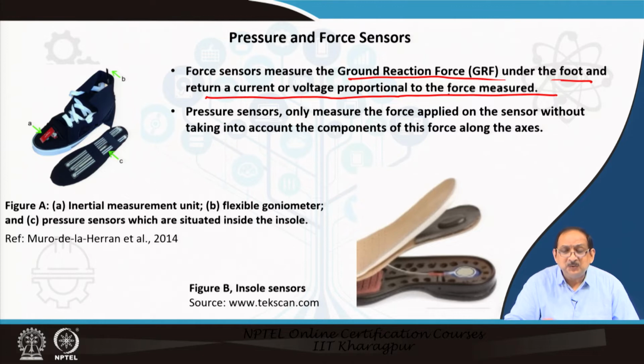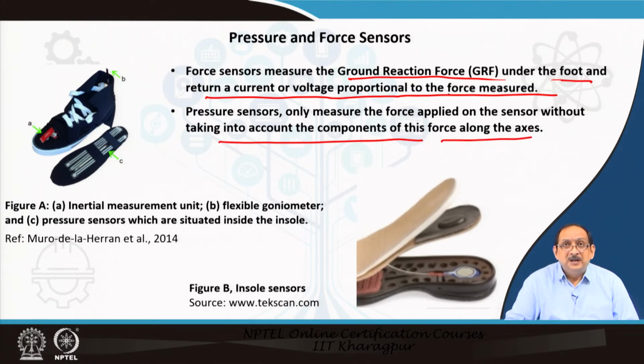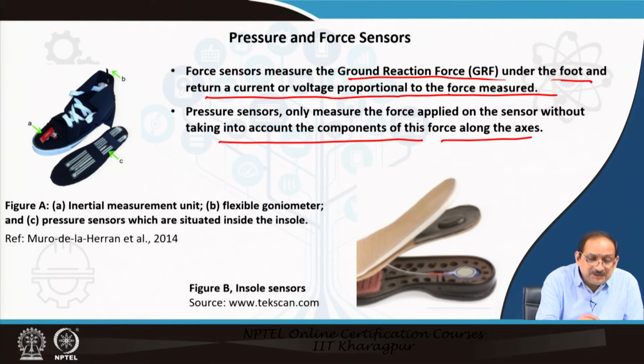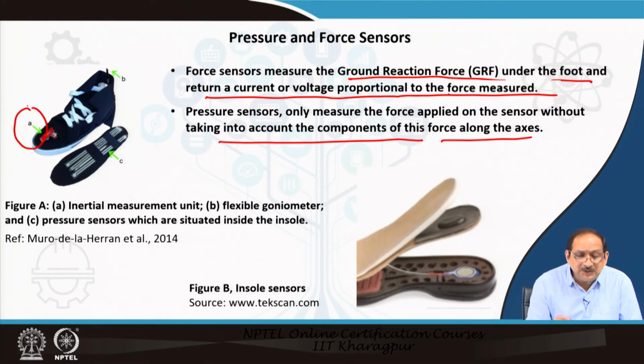Whereas pressure sensors measure only the force applied on the sensor without taking into account the components of the forces along the axis. So, in figure A, we can see that there is an inertial measurement unit mounted on the shoe.